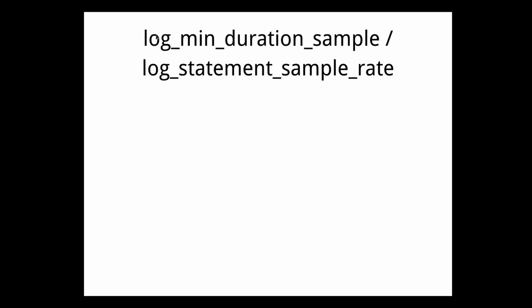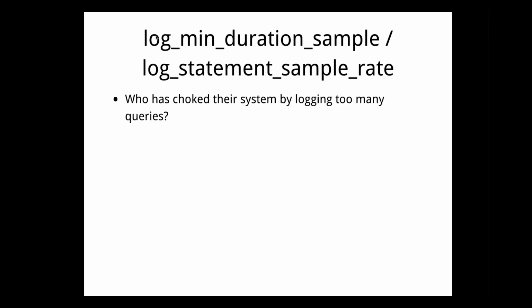Okay, now who has ever choked their system by logging too many queries? Me, I have. It's very easy to do. You set log_min_duration_statement to 0, and suddenly your system falls over because you've amplified all your writes. Very, very bad. Very surprising.